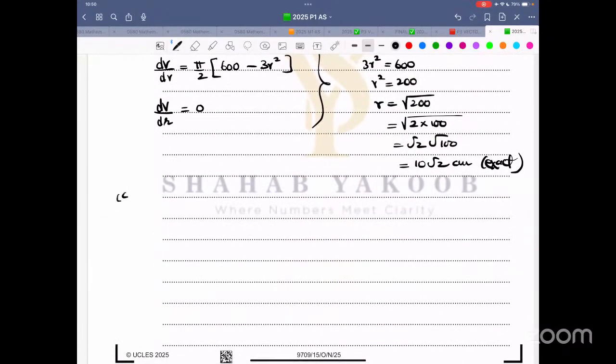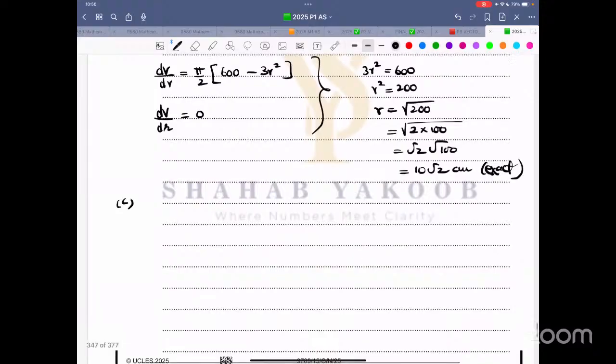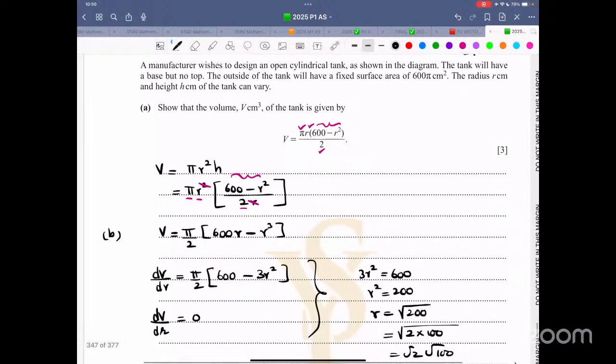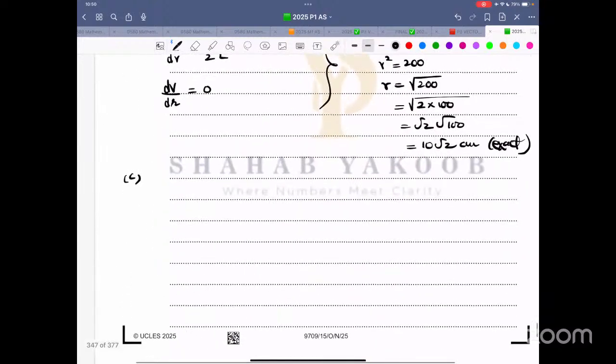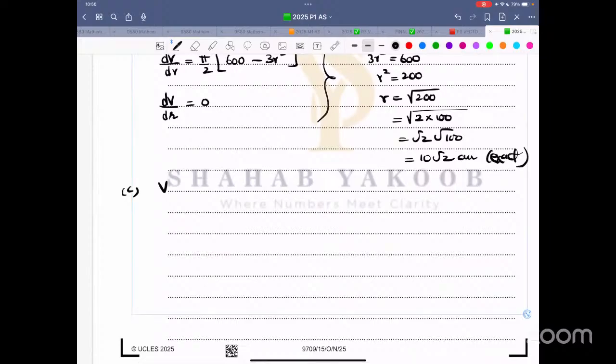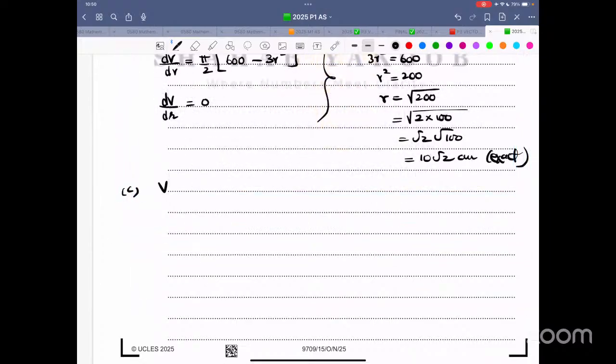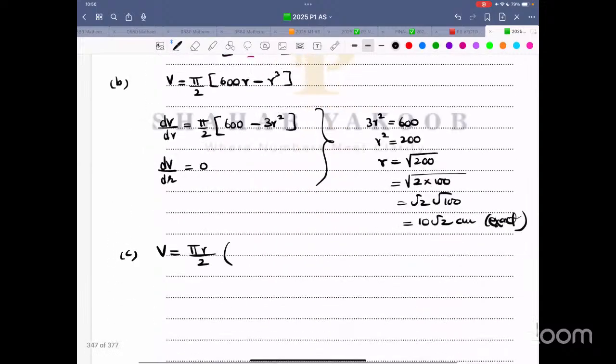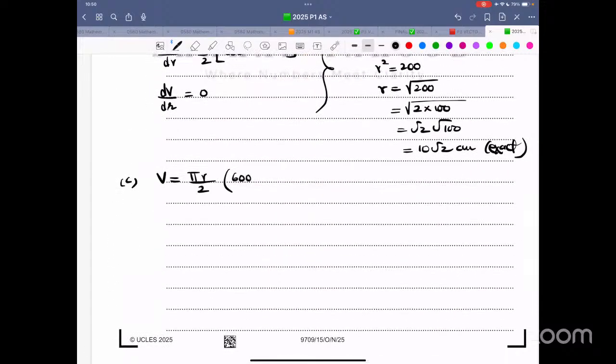Let me just do part C in the same flow. That is the value of V. So V is pi r over 2 times 600 minus r square.